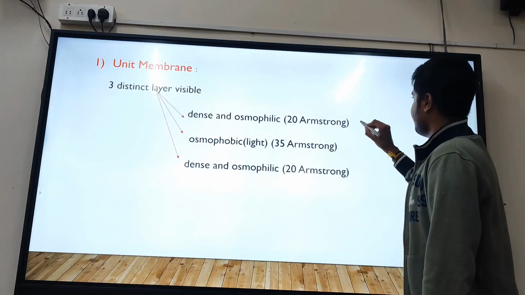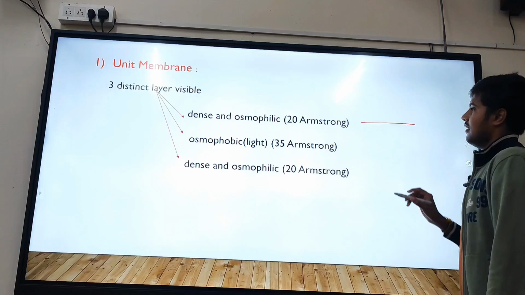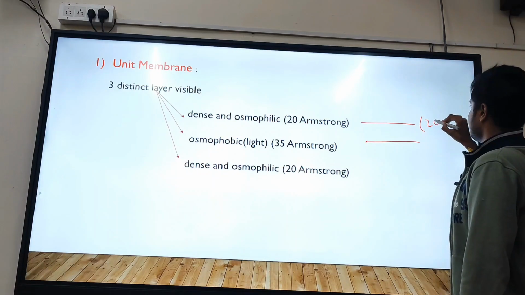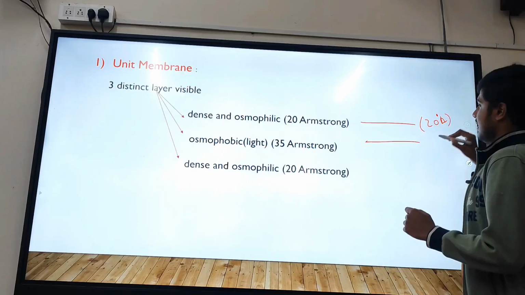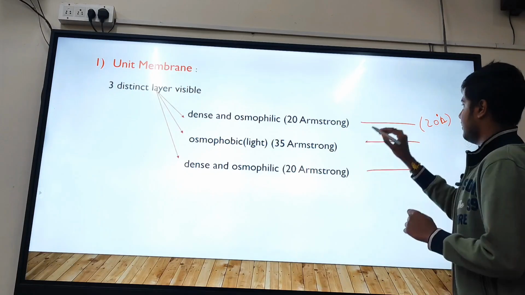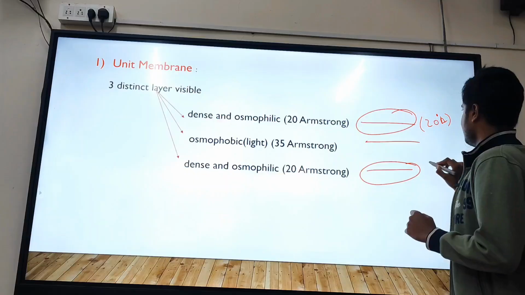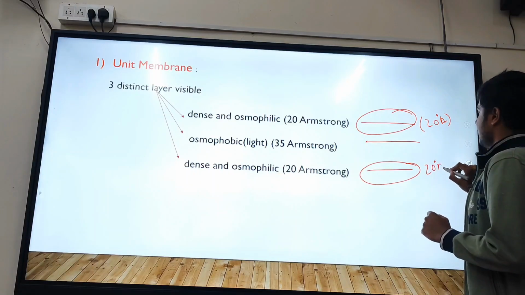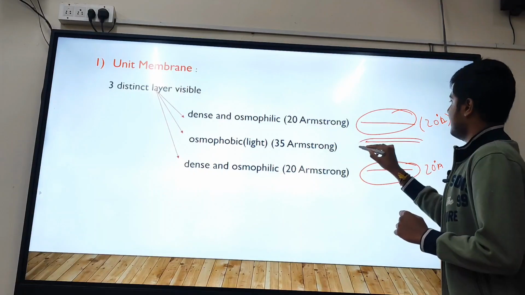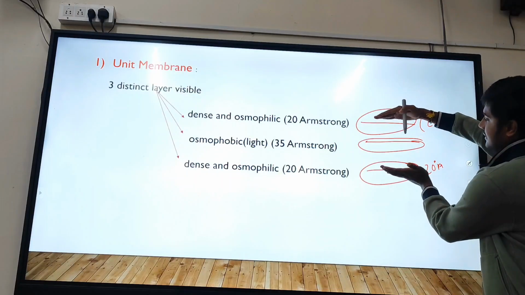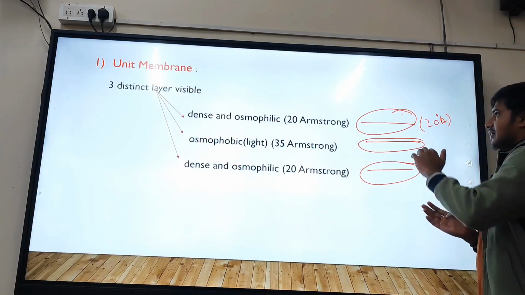One is dense and osmophilic. The next one is osmophilic light, of 20 Angstrom length. And another one is the same as the dense osmophilic. The last layer is also dense osmophilic, of 20 Angstrom. The middle layer is osmophilic and light, and these both are thick.